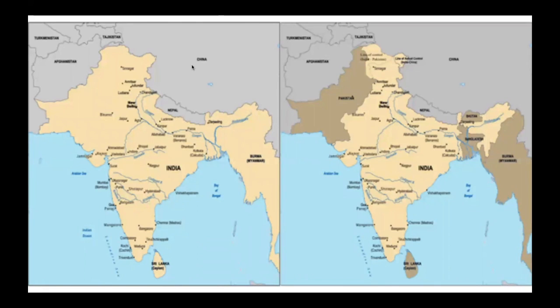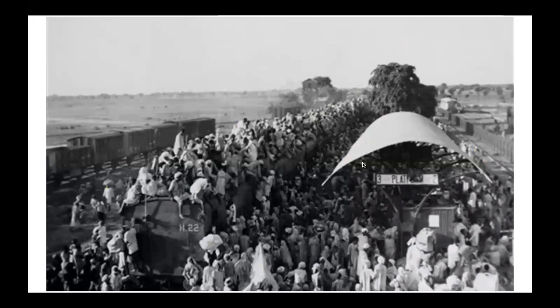All right, so here we can see just a better picture for you. This is what India used to look like, and then after the split of India, here's where Pakistan is going to be created. So people are having to move all across the entire country, across that subcontinent, trying to get to their correct country where they're supposed to live. Hindus are going to live in India, Muslims are going to live in Pakistan.